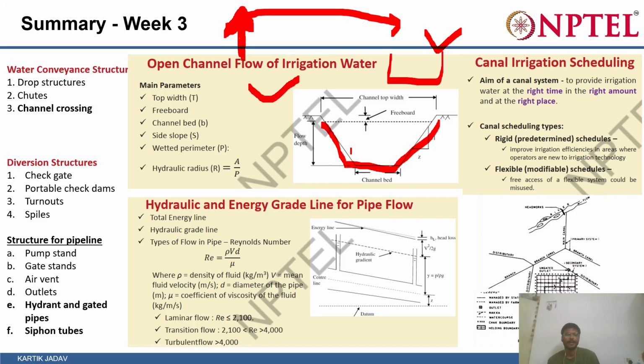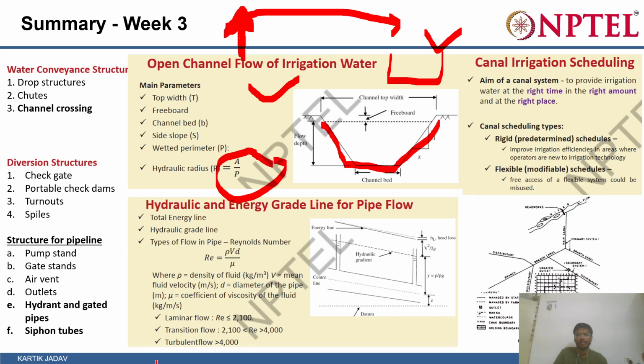The main parameters we look at during open channel design are top width, bottom width, freeboard, side slope, wetted perimeter, and hydraulic gradient. These are all important to get the design discharge.